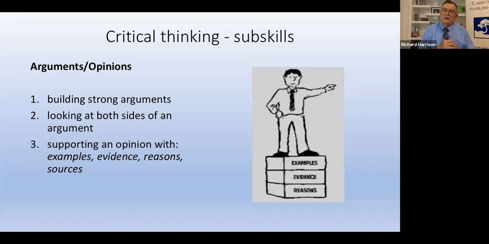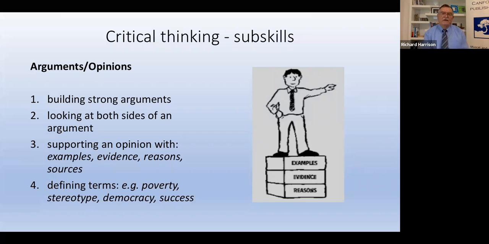When I was working at the German university in Muscat, my students were full of opinions, but unfortunately they relied very much on emotion and exaggeration to make their point. They weren't so good at giving evidence or reasons or concrete examples or quoting sources. So this is some training that students need.